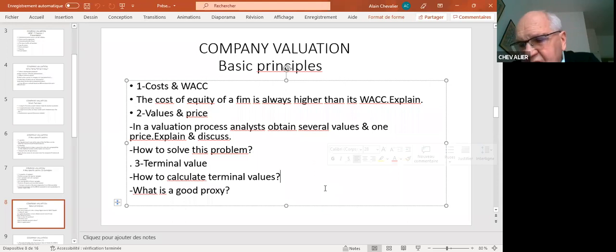You will understand that this is in contradiction with what we teach in finance, where we say, okay, diversify your portfolio, you will reduce your risk level. So we have two different approaches.